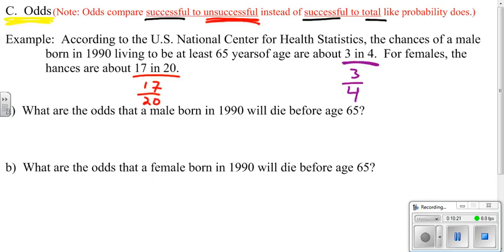So that means that out of 20 females, 17 of them will live that long, which means if 17 live, then we would say that 3 out of 20 will die, unfortunately. This is a pretty morbid example.